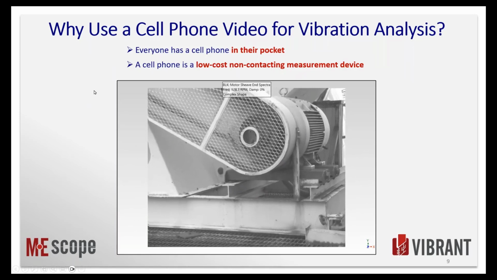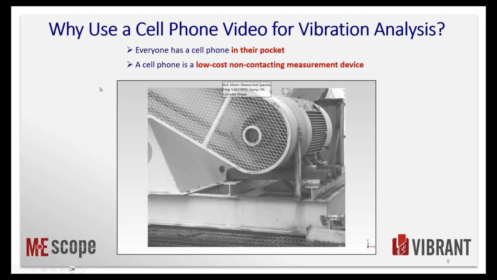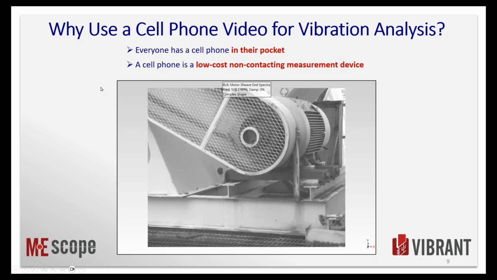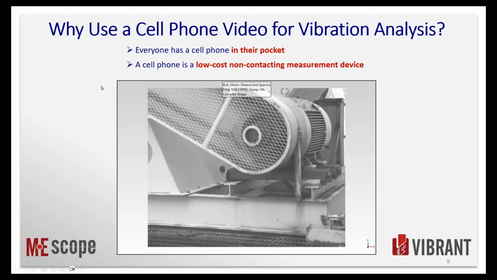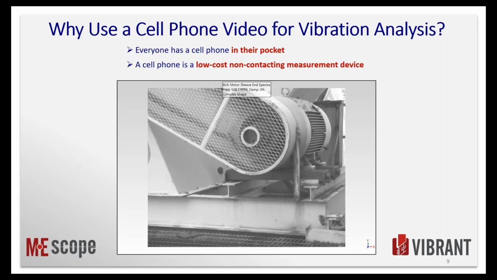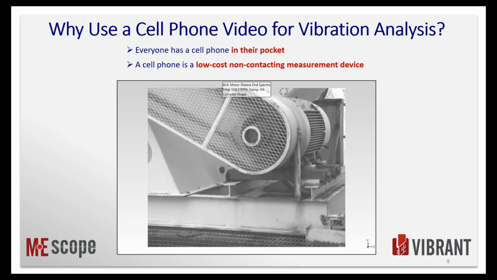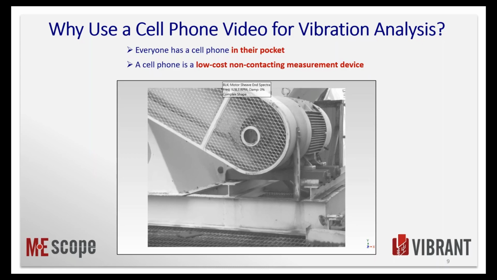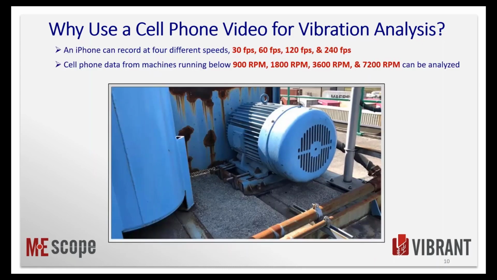Why use a cell phone? Everyone has it in their pocket. It's low cost. It's non-contacting. So we can get vibration, animated, amplified, slow motion vibration like this from a video recording. Now we're going to look at the 4 different recording rates that I have in my cell phone.